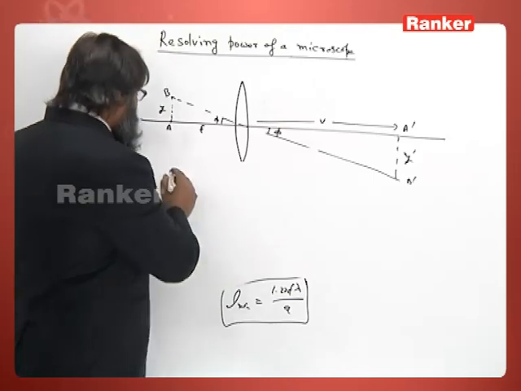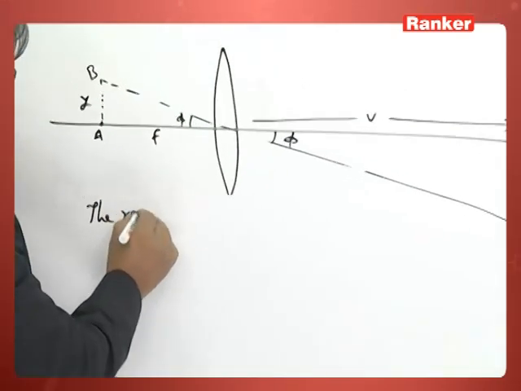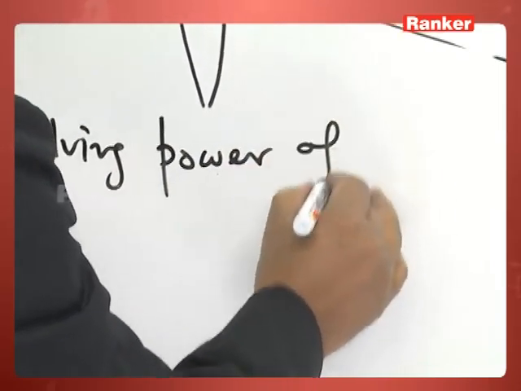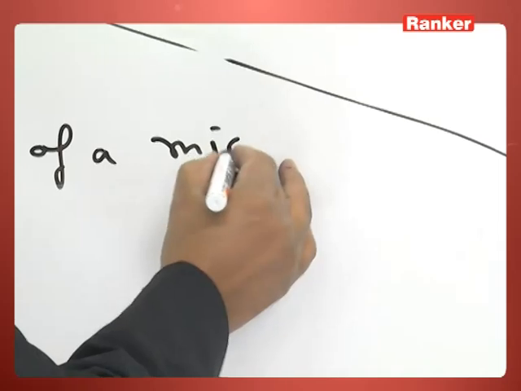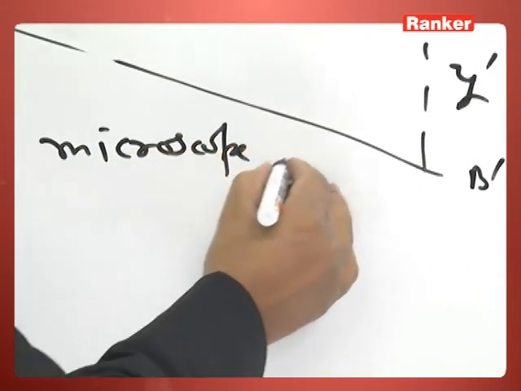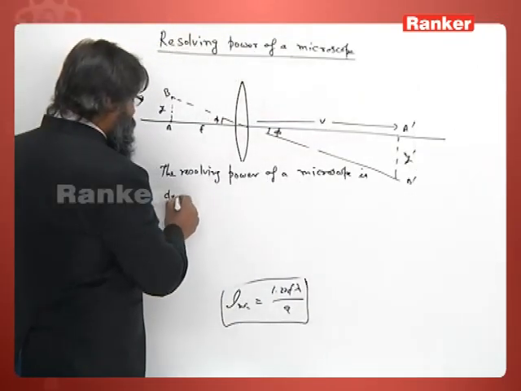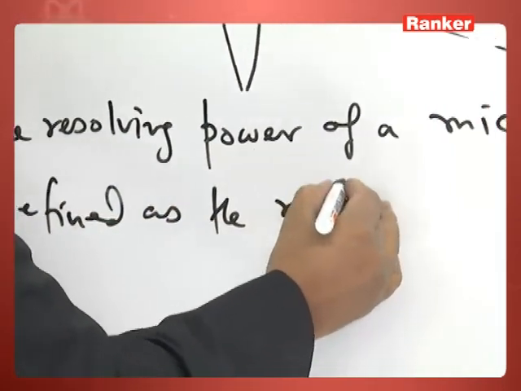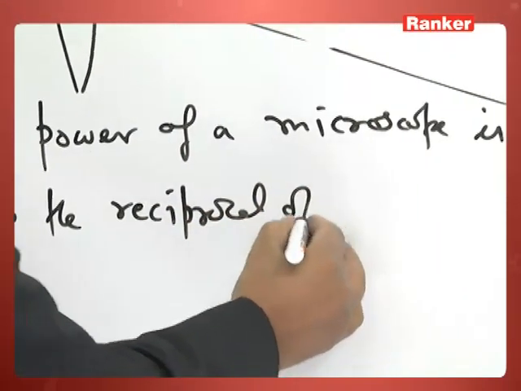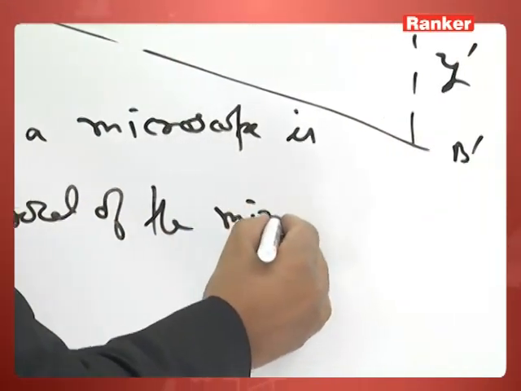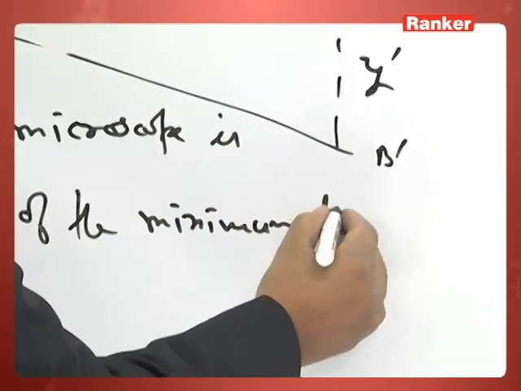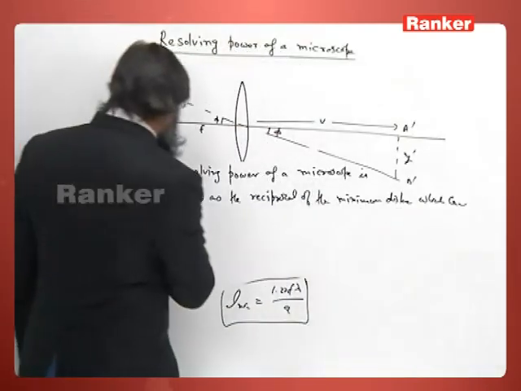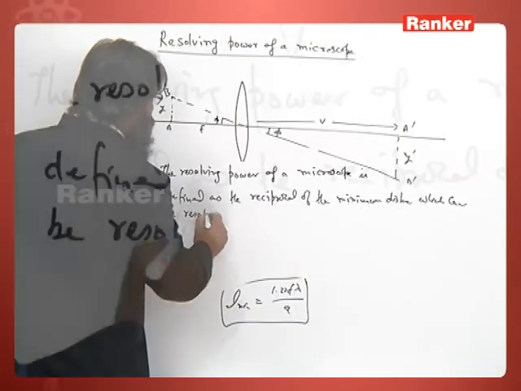Now, the resolving power of a microscope is defined as the reciprocal of the minimum distance which can be resolved.